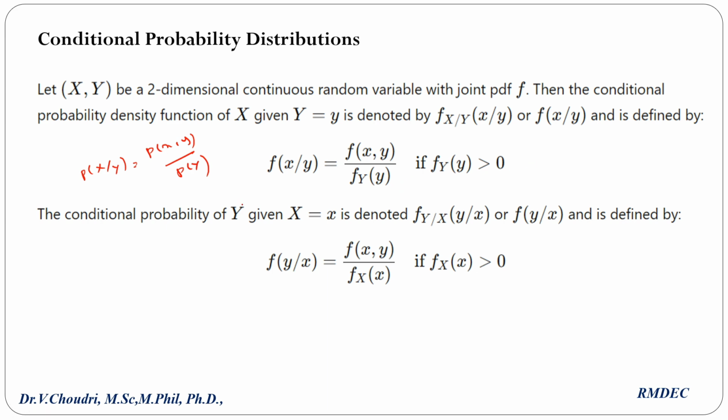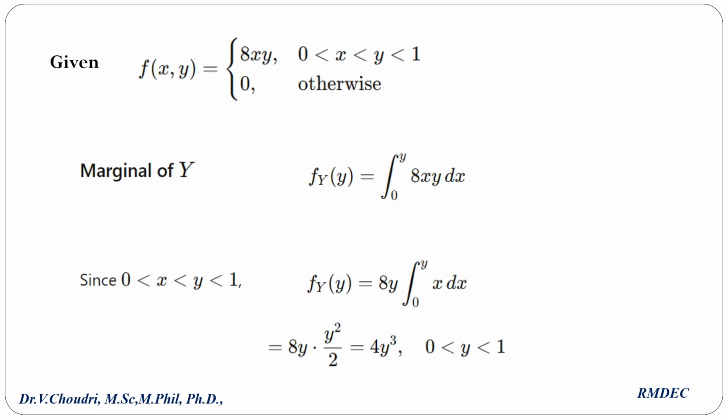Like that, the conditional probability of y given x equal to x is denoted by f of y by x equal to f of x comma y divided by fx of x. Here also, the marginal probability density function of x should be greater than 0. So we should not take equal to 0. Let us see one example for understanding the concept.